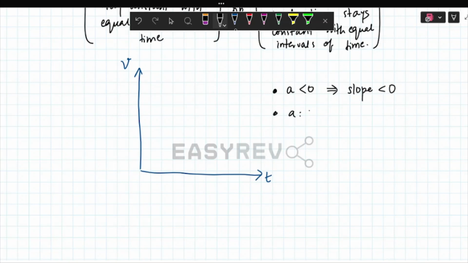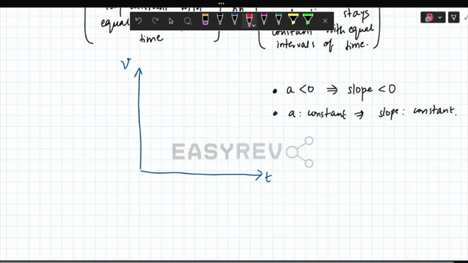And since it's constant, we expect the slope to be constant as well. So you want to draw a graph line that has constant gradient or slope while also having a negative slope. The only kind of graph line that we could possibly draw is one that is tilted downwards in a straight line. Right?